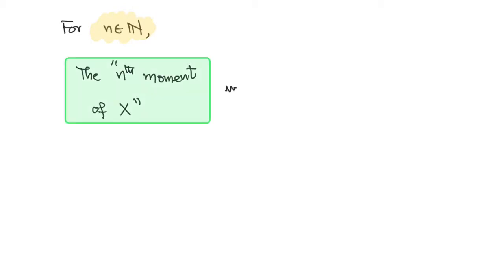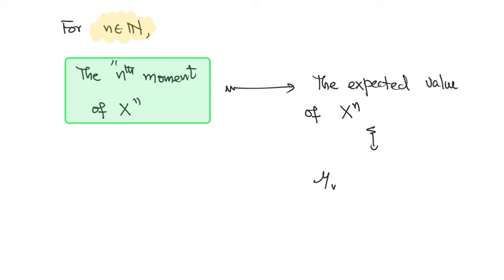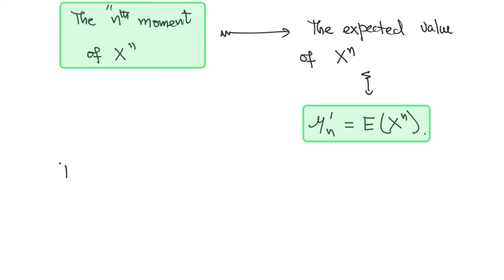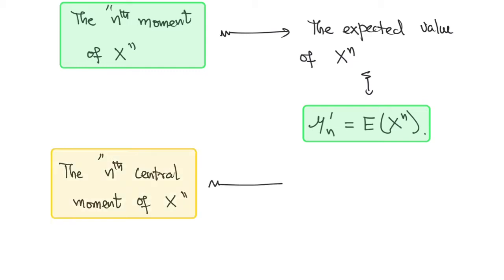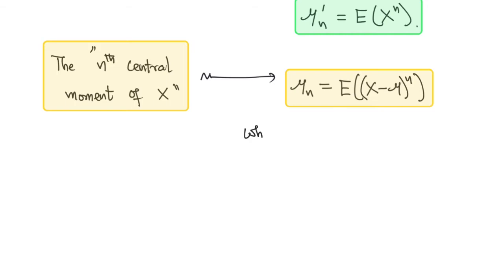Then for n inside the set of natural numbers, the nth moment of X is defined as the expected value of X to the power n. This is also sometimes denoted as mu n prime, that is, the expected value of X to the n. The nth central moment of X is denoted as mu n, and this is the expected value of X minus mu to the nth power.